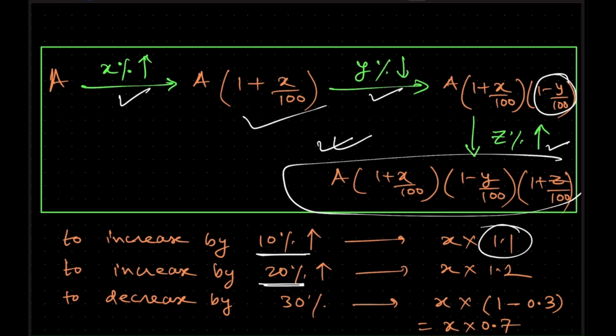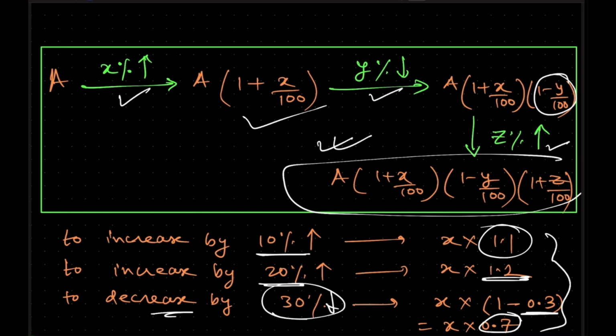Increase by 20%, multiply by 1.2. And decrease by 30%, just multiply by 0.7, that is 1 minus 0.3. These values are the result coming from this formula only, and we will see how to use the successive percentage method to find the equation of compound interest.